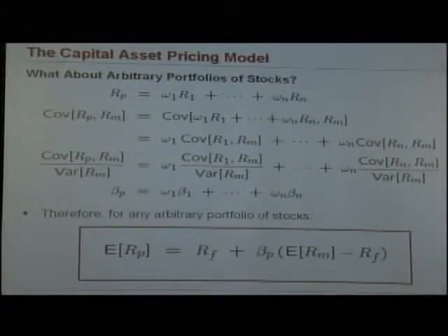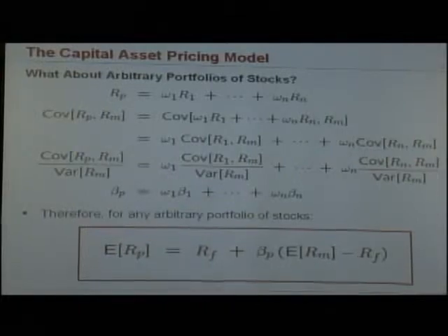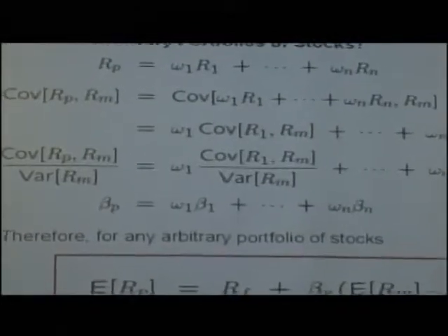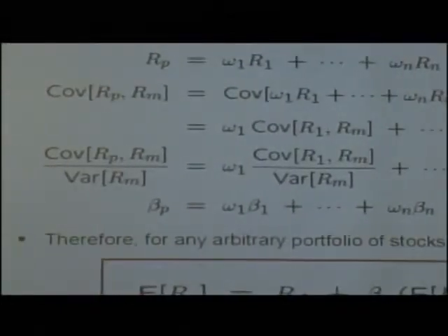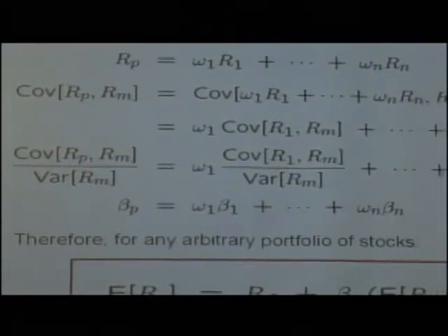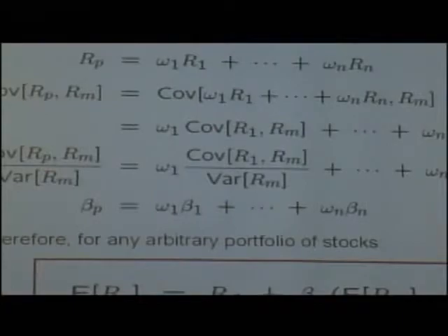Okay? This is a mathematical identity from here down to here. And therefore, when I divide both sides by the variance of the market, I get something pretty neat, which is that the beta of my portfolio, where beta is defined as the covariance between the portfolio and the market divided by the variance, is just equal to the weighted average of the betas of my component securities.